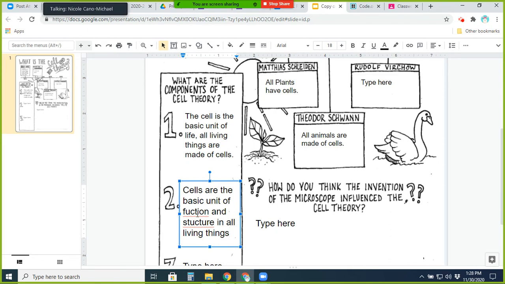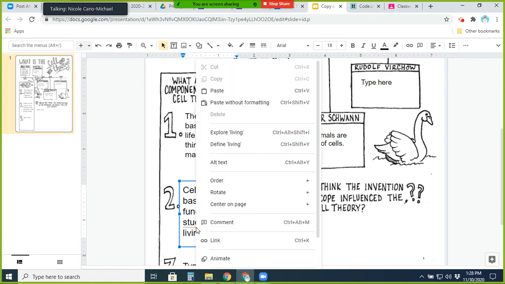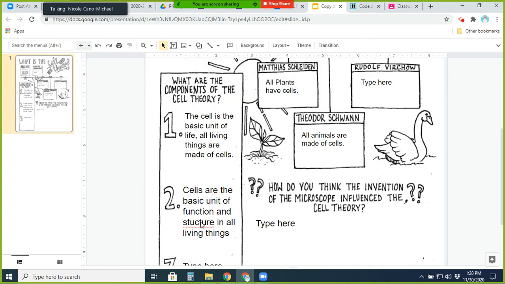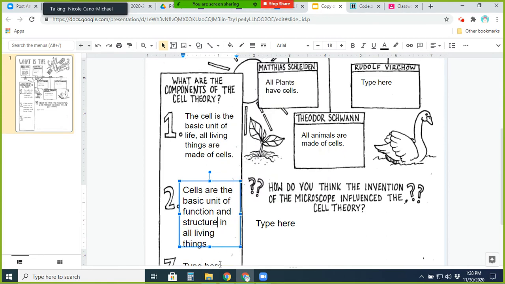So in other words, function, everything that living things do, structure, everything that living things are, right? All of your structures are what you are. All of your functions are what you do. All of your structures, all of your functions, everything you are, everything you do happens at the cellular level.